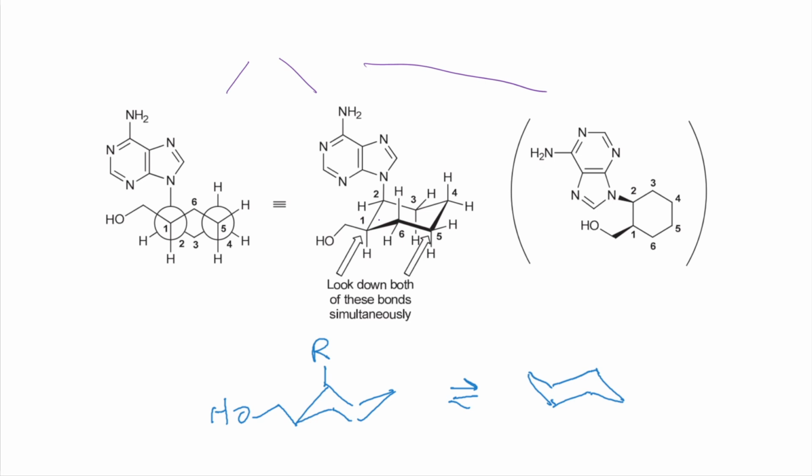So if we have a ring flip of this molecule, what do you think the OH group will be and the R group will be? Yes. So the OH will be here, and the R will be here.